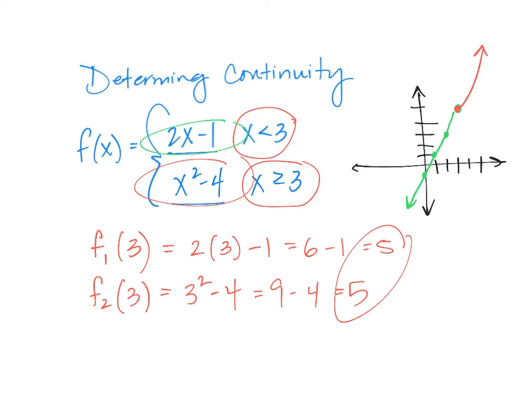Notice that because this does not have an equal to, I have an open circle here. Now, that circle has been closed by the second branch of the function because I do have the equal to right here. And so I've graphed that in red. So this is showing that the two different branches of the function do indeed meet at an x value of 3 and a y value of 5.